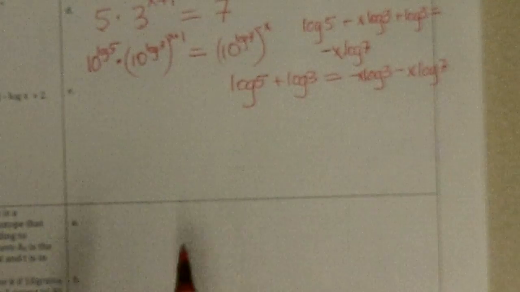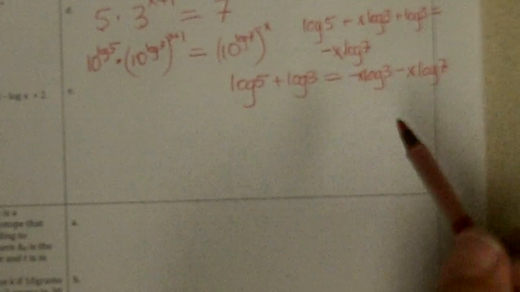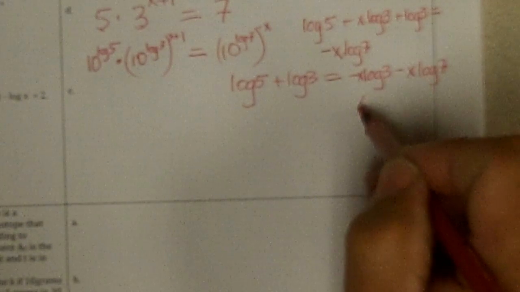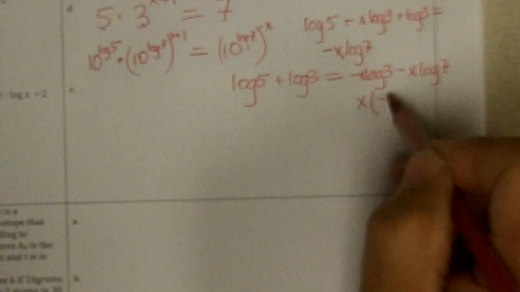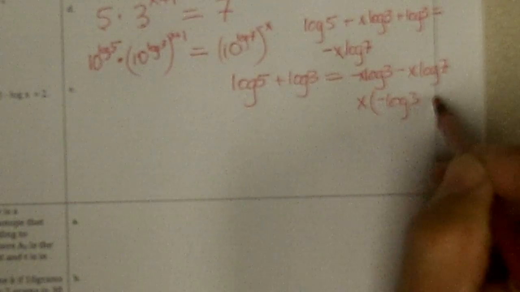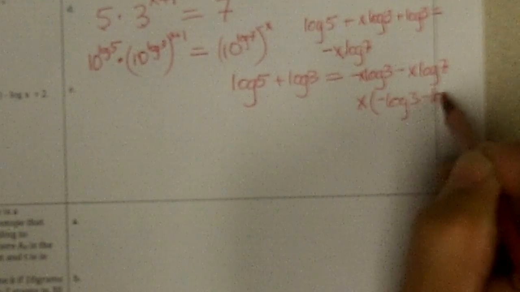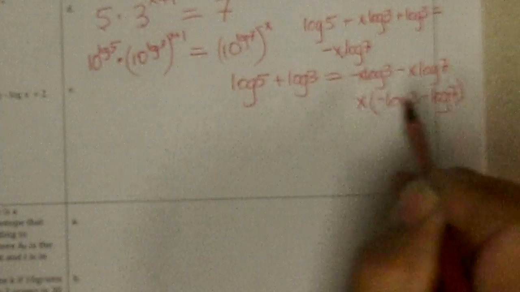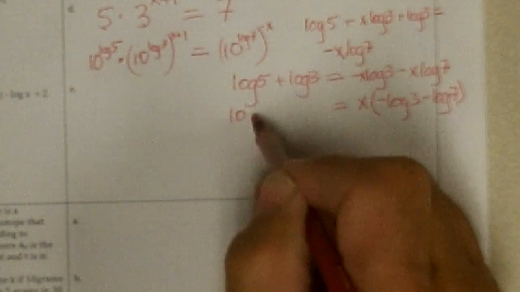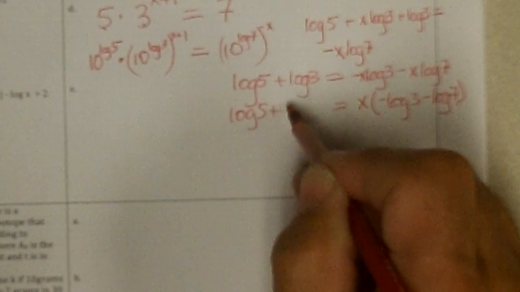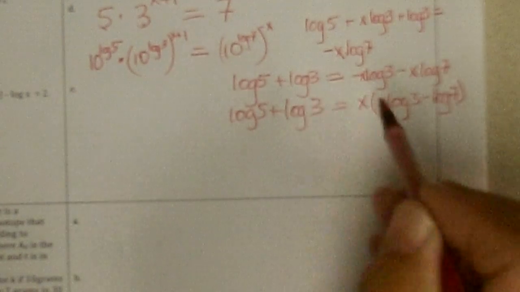There's an x in both of these, so I can factor it out. That's the tricky part. And I get negative log 3 minus log 7 equals log 5 plus log 3.